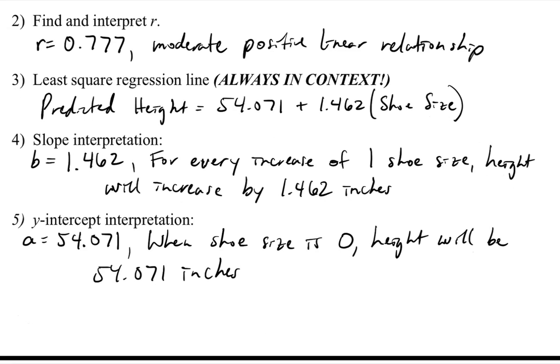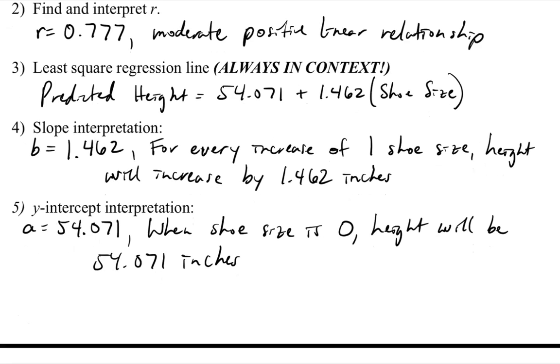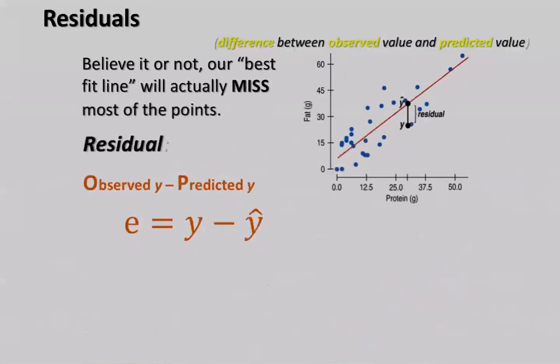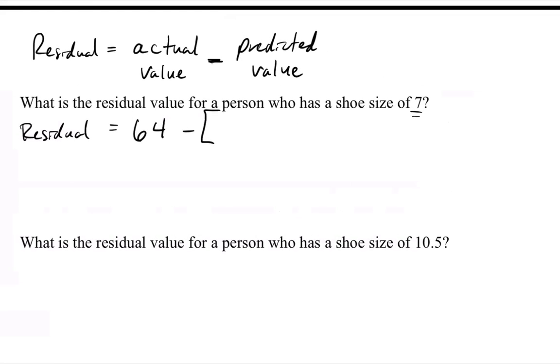Okay, so let me write that down. 54.071 plus 1.6462 times shoe size. Well, what's our shoe size going to be for this one? 7.